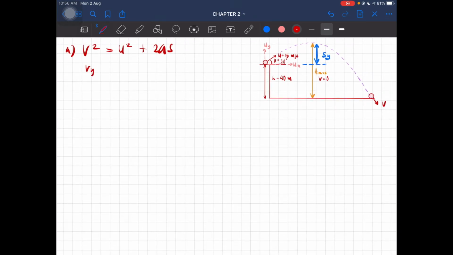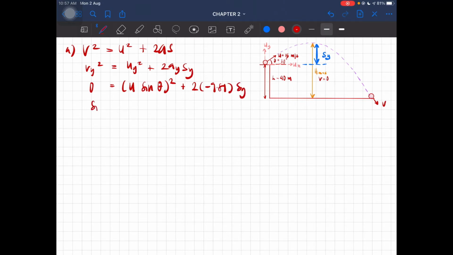So vy squared equals uy squared plus 2ay sy. Remember, velocity is equal to 0 at maximum height. So uy is u sin theta, plus 2 times negative 9.81 times sy.